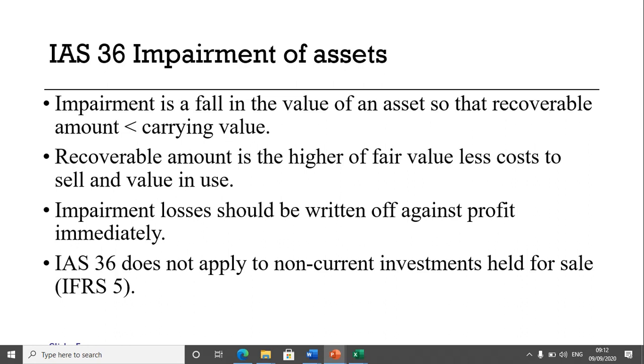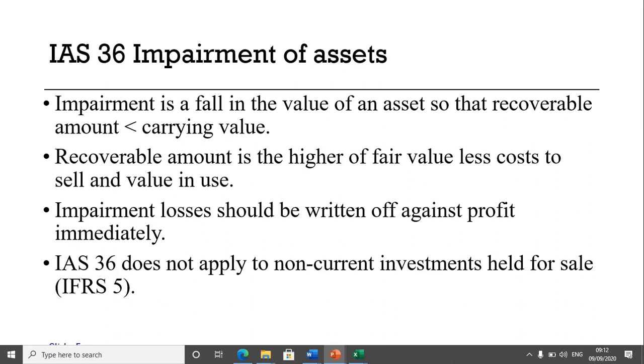Impairment is simply a fall in the value of an asset so that its recoverable amount is less than its carrying value. Impairment is a substantial loss in the value of an asset. It is also called revaluation decrease. Recoverable amount is the higher of fair value less cost to sell, and value in use.